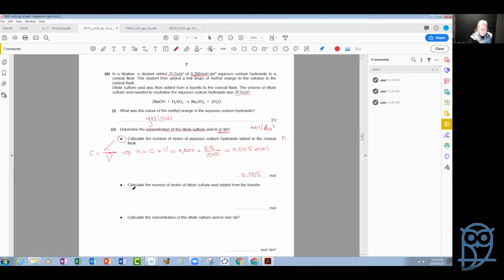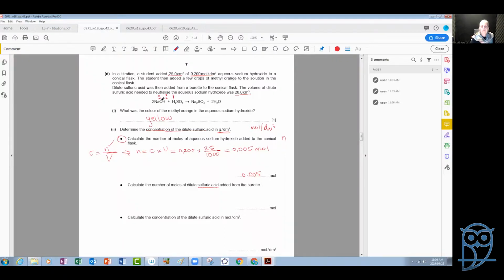The next: calculate the number of moles of dilute sulfuric acid added from the burette. Okay. Now we need to go to the equation here, because this equation corresponds to the neutralization reaction of the acid and the base together, and we see that it's 2 to 1. The moles of sodium hydroxide to the sulfuric acid is 2 to 1.